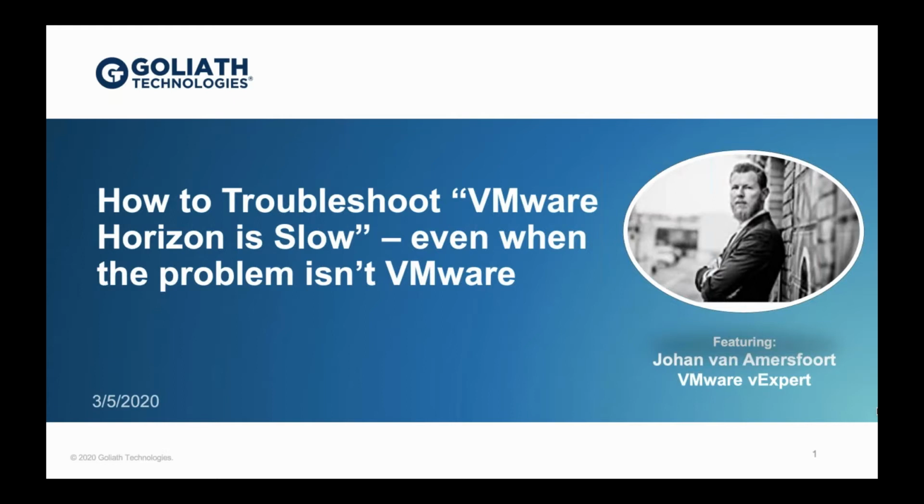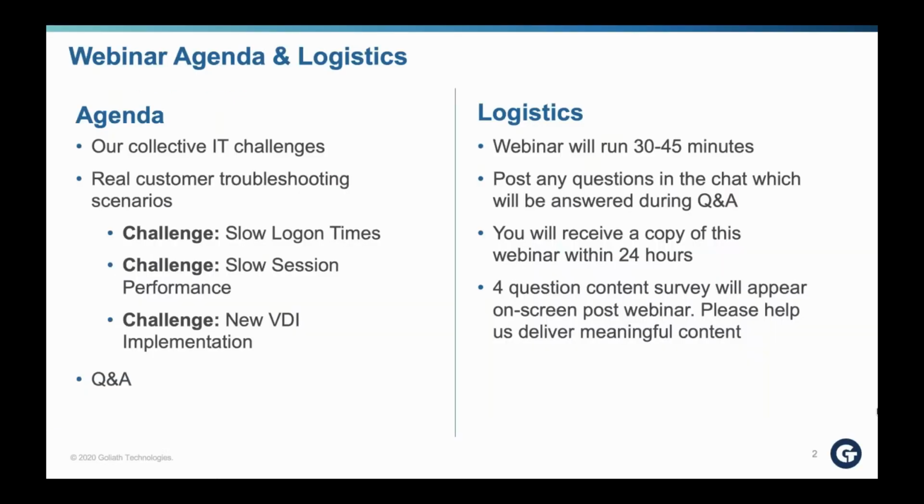Before we jump in, I just want to go over a few housekeeping items and set expectations. Johan is going to talk about some of the challenges he sees organizations face while trying to deliver a high-performing end-user experience to their users in this virtualized environment with VMware Horizon. I'm then just going to give one short overview slide on who Goliath is to help set context.